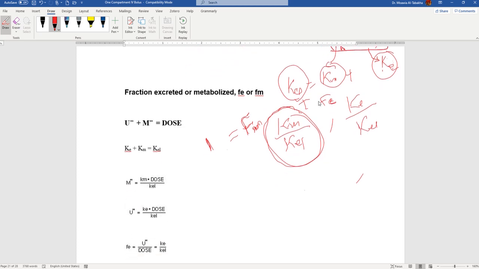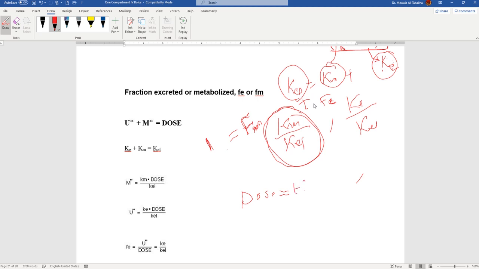You got it? So if I have a dose, when I injected this dose, eventually it will leave as metabolized and excreted.